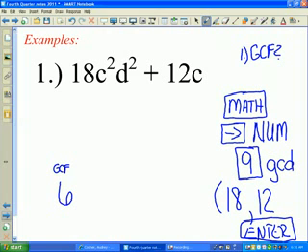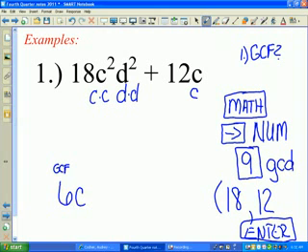But now let's look at the variables. Here we have 2 c's. Here, I have 1 c. How many c's do they have in common? Hopefully you said 1. Remember, you're thinking in common, not total.